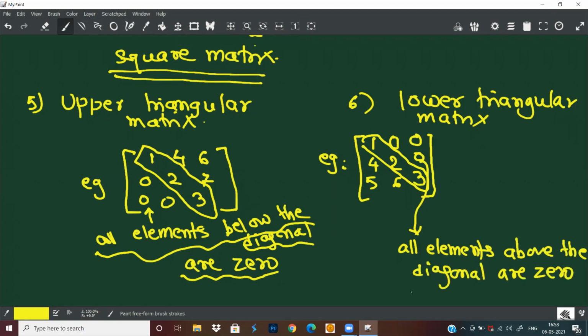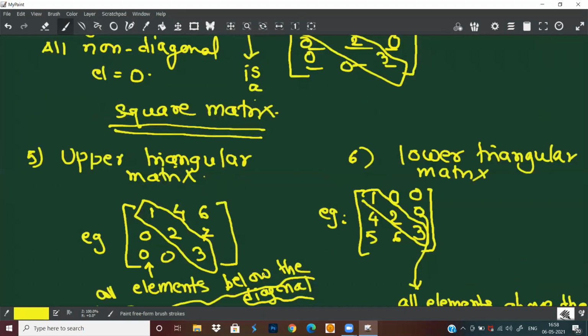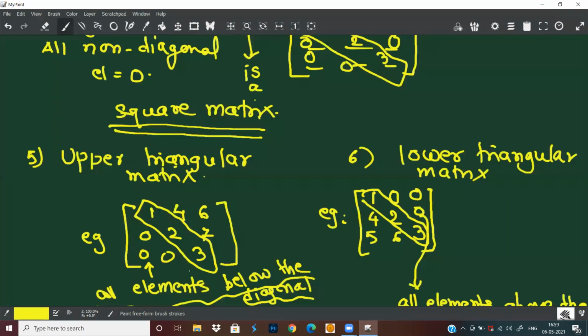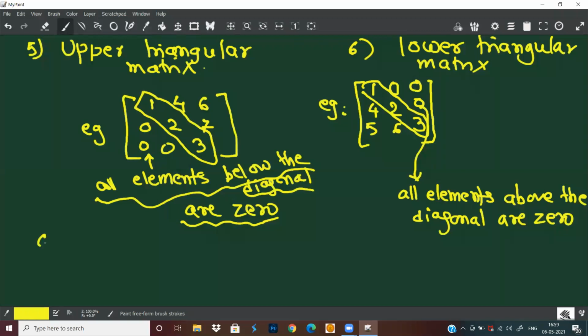This is called lower. So look, combining lower and upper, actually my diagonal matrix results, above as well as below, right? So it came as a flow: square matrix, then diagonal elements, non-diagonal elements, then all non-diagonal elements zero is diagonal. Above the diagonal zero is lower triangular. Below the diagonal zero is upper triangular. Now I will go to the next, that is a scalar matrix.